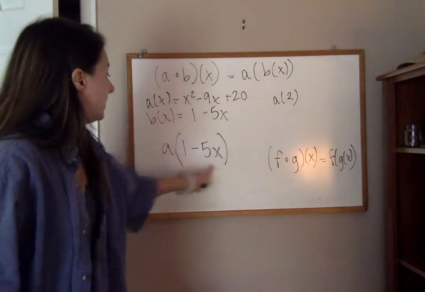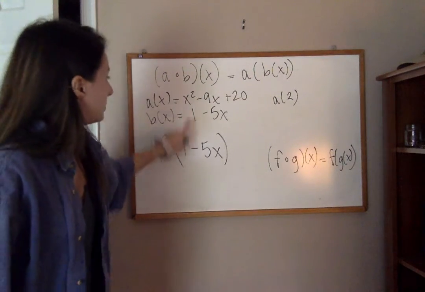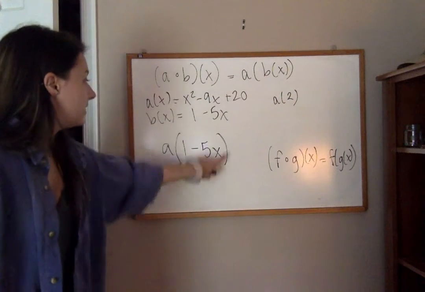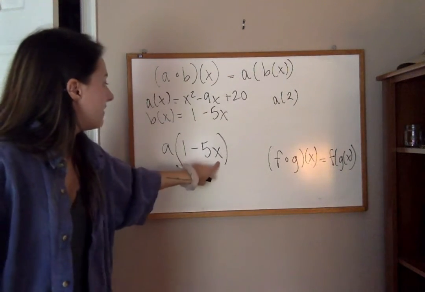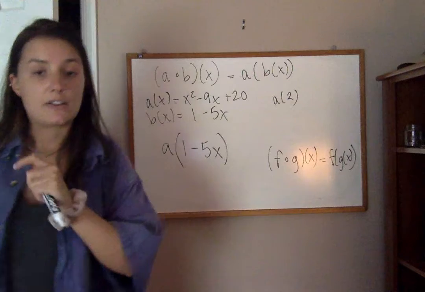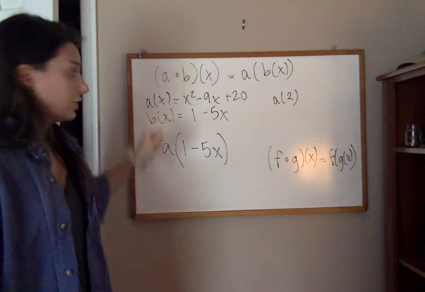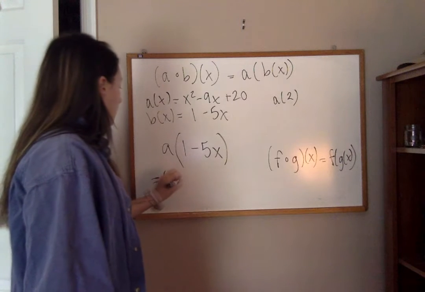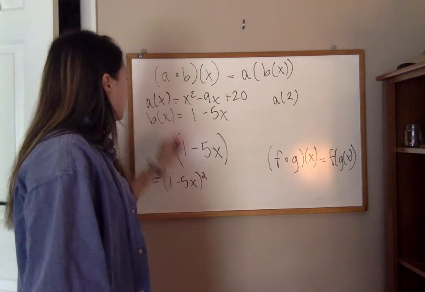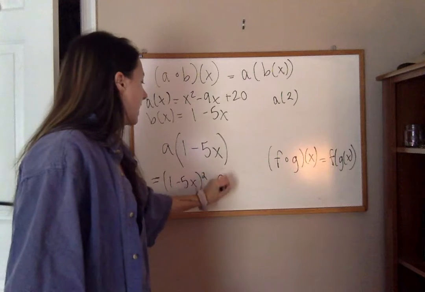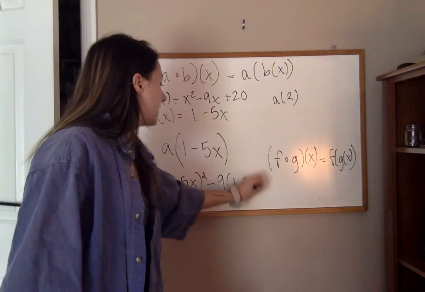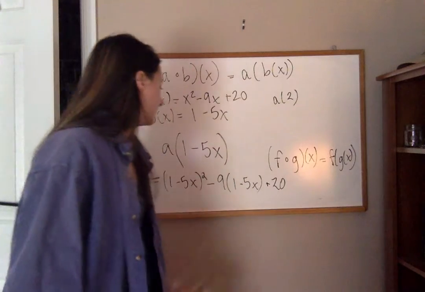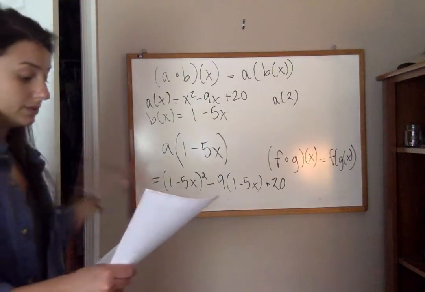In these parentheses here, this is telling me that 1 minus 5x is what I'm going to substitute in for every x in the a function. So this is going to look like 1 minus 5x squared minus 9 times 1 minus 5x, plus 20. And then you just simplify that out.